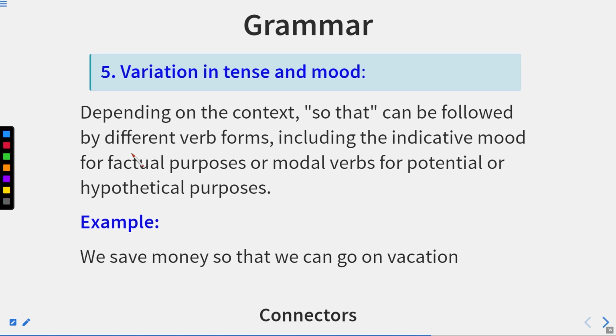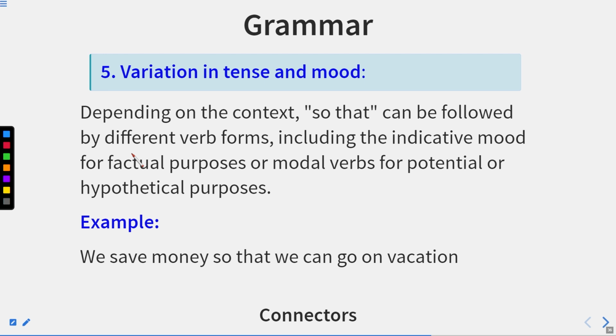Now, variation in tense and mood. Depending on the context, so that can be followed by different verb forms, including the indicative mood for factual purposes or modal verbs for potential or hypothetical purposes. Now, this one is again very important. Basically, whenever we use in order that, we define the subjunctive mood of the verb.